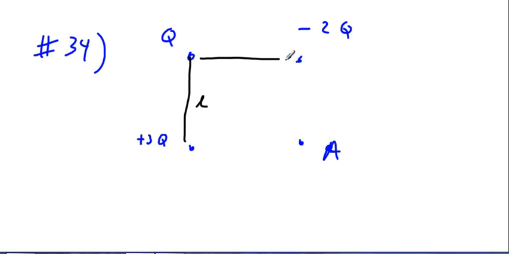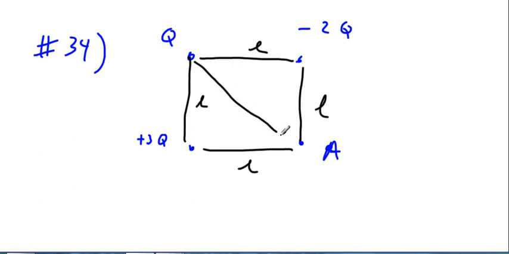All right, so I've got Q, minus 2Q, and plus 3Q, and I've got a point A. Okay, and I've got L, L, L, L, and going that way I've got square root of 2 L.